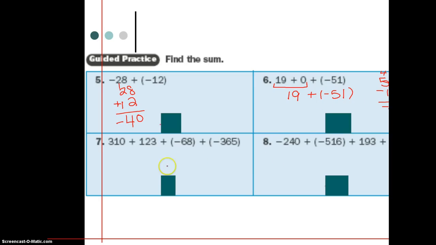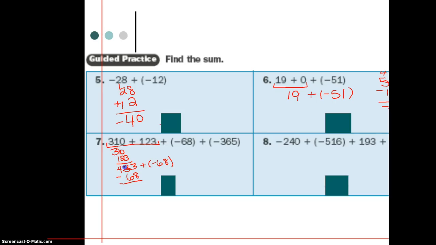I will show you the answers at the end so we can check. Number 7. Again, the first two, so we are adding because it's the same sign. And now we add to that negative 68, but because it's a different sign, you want to subtract 68.